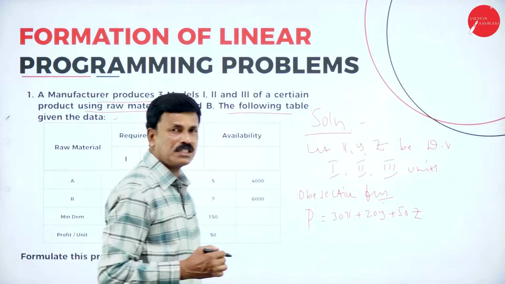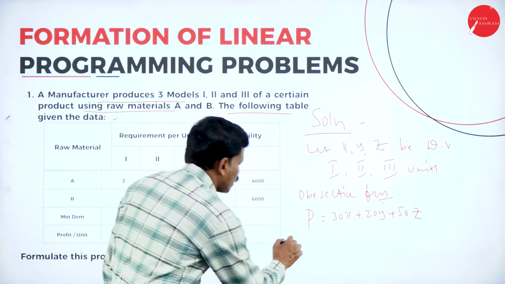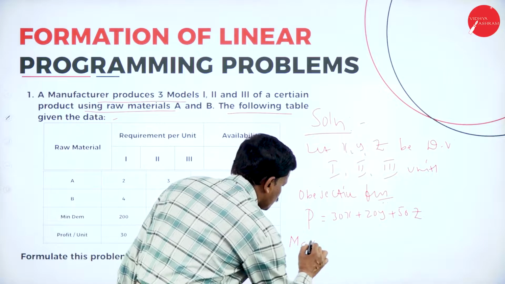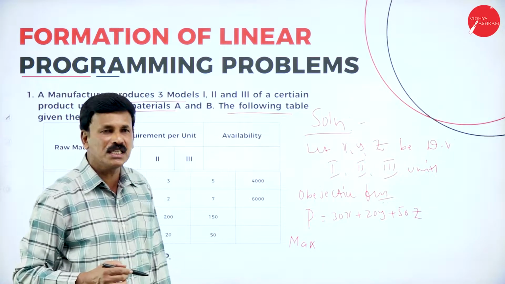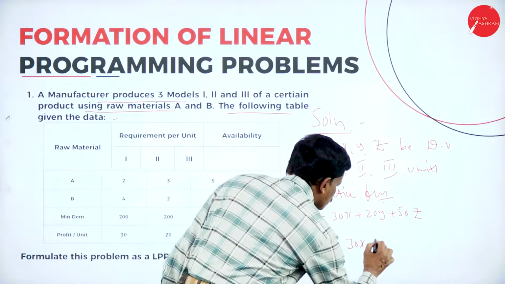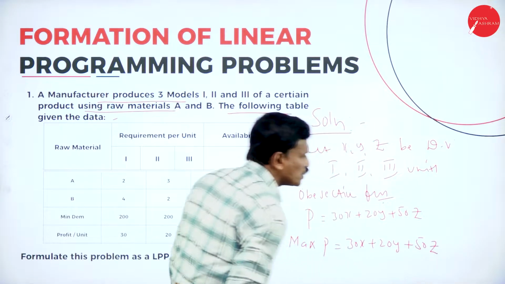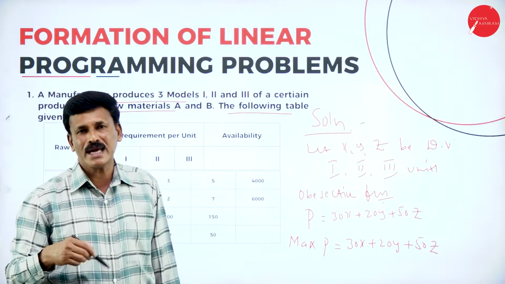Now what is to be determined here? The profit is to be maximized. So the objective function is maximum of P is equal to 30x plus 20y plus 50z. This is the objective function which is to be maximized.